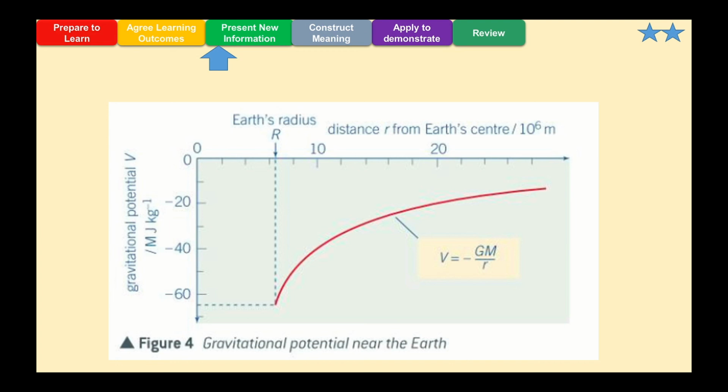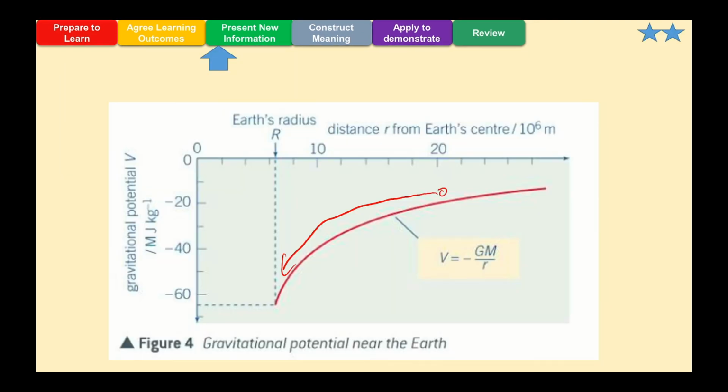In other words, the gravitational potential will automatically turn into kinetic energy and it will move towards the object. In other words, if I've got an object here, it will fall into my potential well. Okay, it will move towards the surface of the Earth naturally.